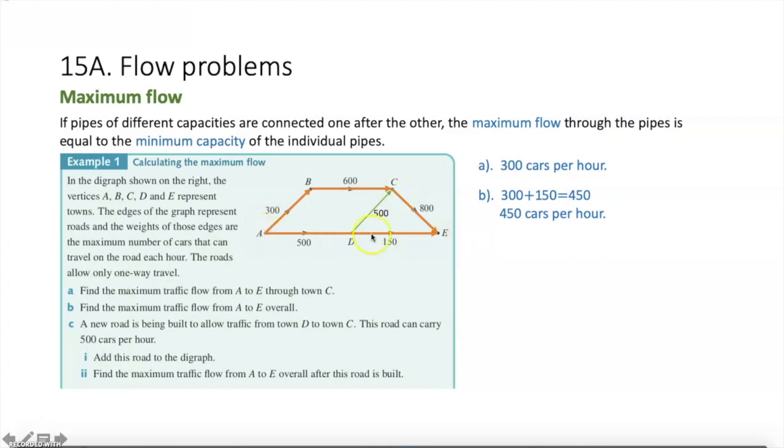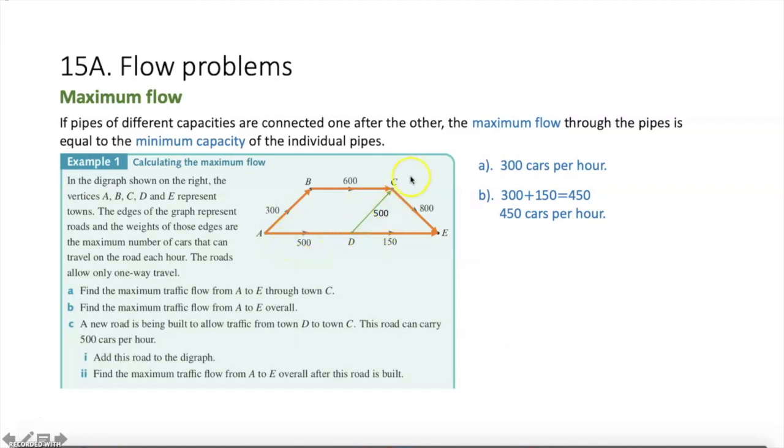Remember, from A to E we have two routes, via B and C, or via D. After the new road is built, it won't impact the first route, so the maximum capacity of route 1 is still 300. But for route 2, after A to D, cars can travel on the new road, D to C, which allows a maximum capacity of 500.